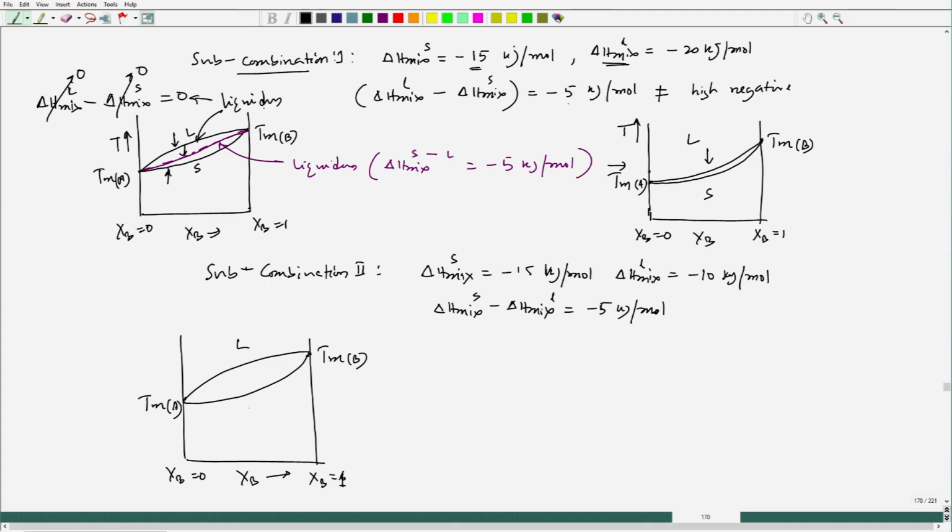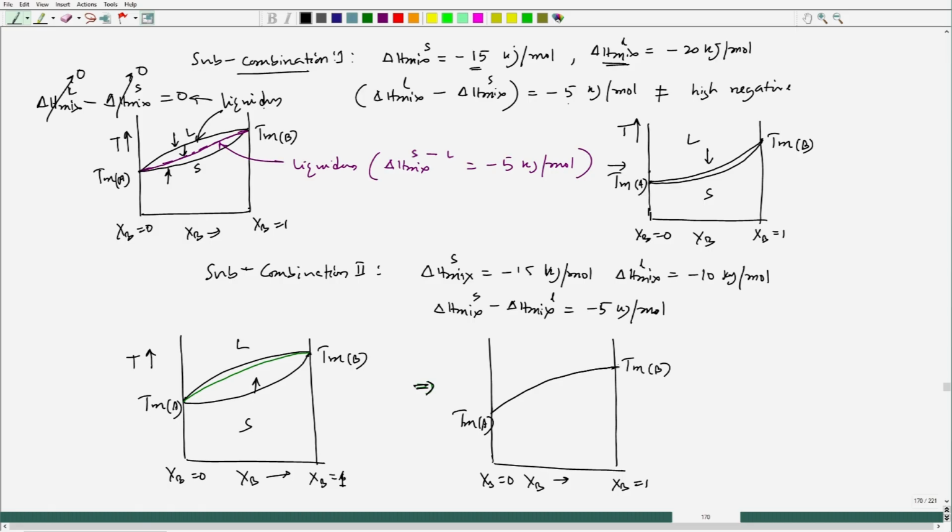In this case, this is liquid, this is solid, and the solidus line will start bending upward compared to the liquidus line. So, the modified phase diagram would be: temperature is increasing this way, this is x B equal to 1, x B equal to 0, this is T m B, this is T m A.